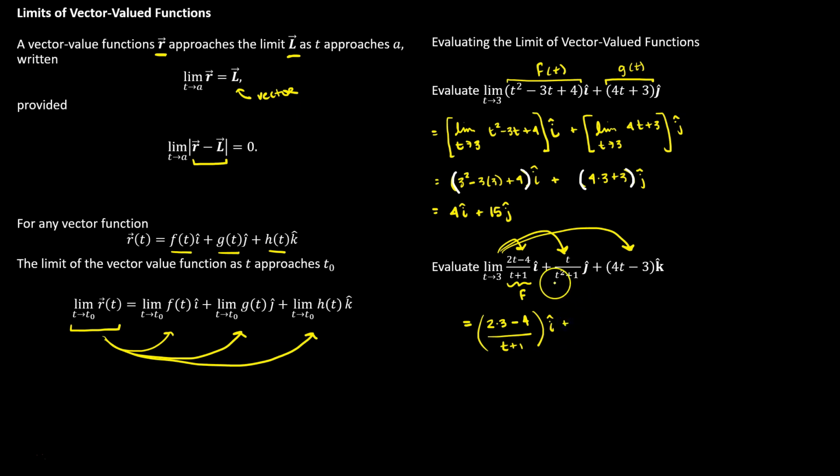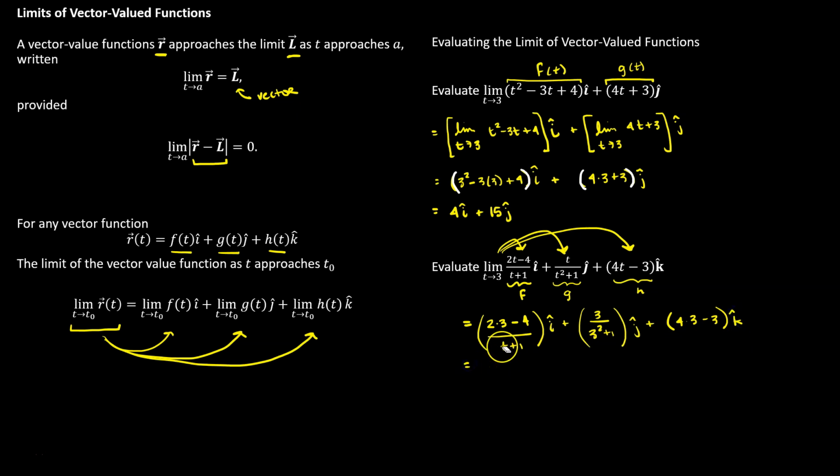And then if I look at my second component function, like g, I can take my limit as t approaches 3 for that one. That would look like 3 squared plus 1 times j hat. And then lastly, our k component, limit as t approaches 3 for that component function, which we usually call h, would be 4 times 3 minus 3 times k hat. And then of course we simplify.